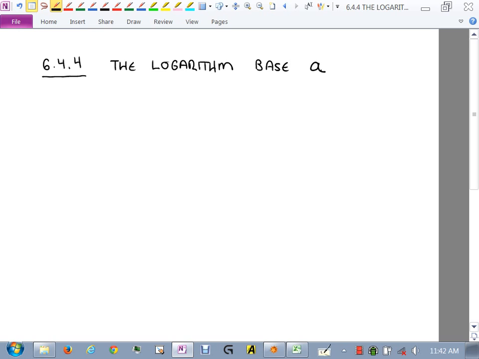All right, I'm going to give you the definition of a logarithm. If you write log with the little base a here, of x, that's log base a of x. If I say that's equal to y, this means that a to the y equals x.